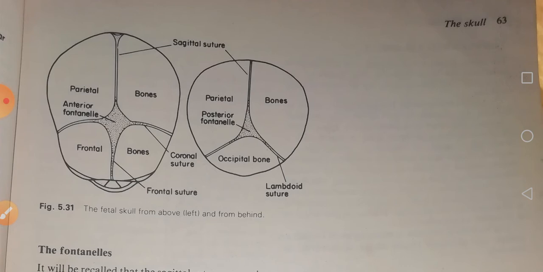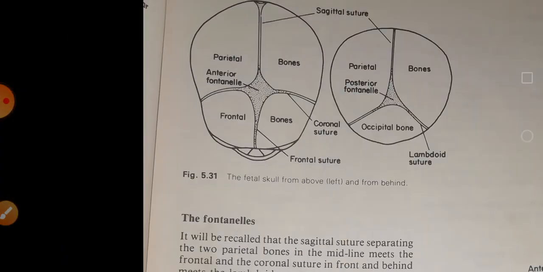After delivery of the baby, grandmothers use to apply oils over the anterior fontanelle. It closes by around 18 months, so we can see it only for a few months after delivery. The anterior fontanelle is a gap between the bones. At the front we call it the anterior fontanelle, at the back the posterior fontanelle. Anterior fontanelle and posterior fontanelle are very important questions.